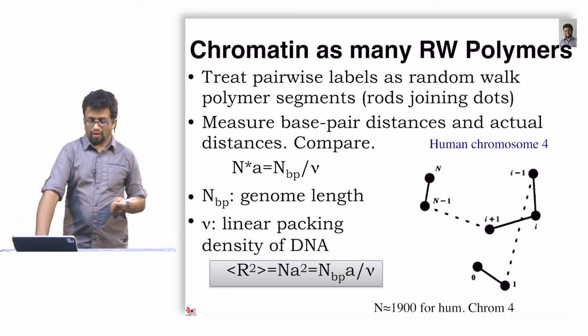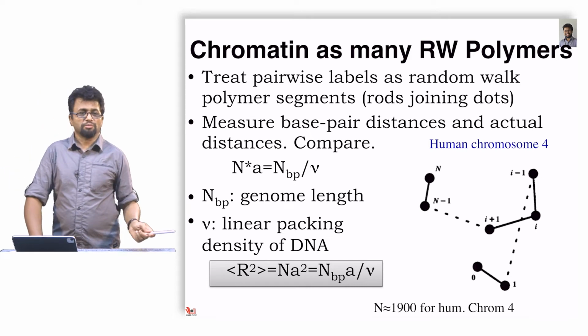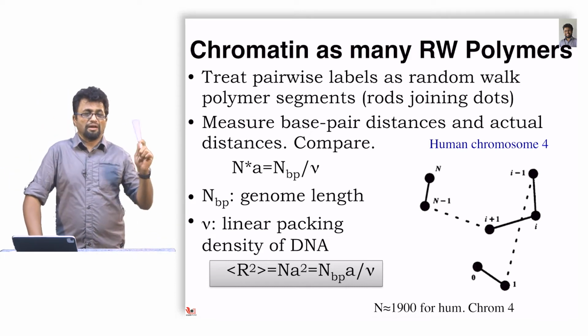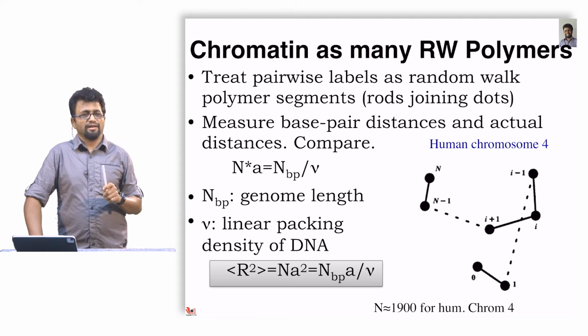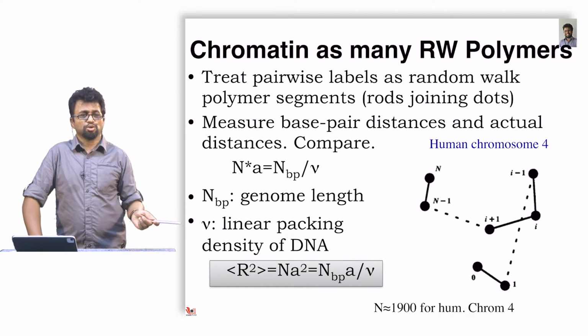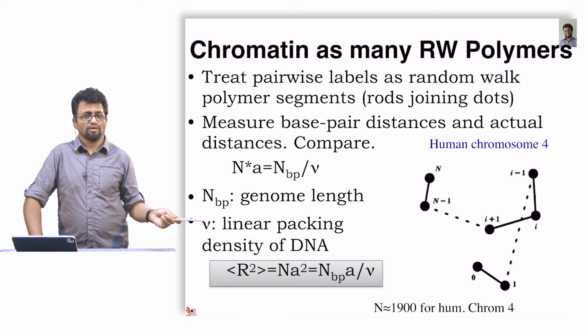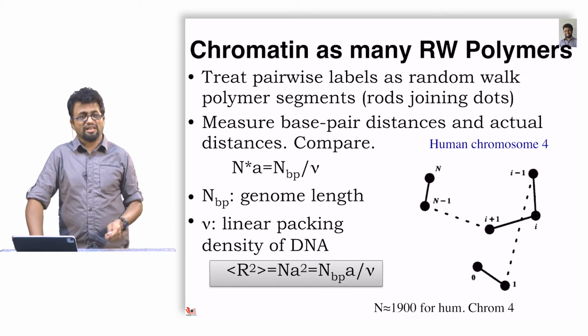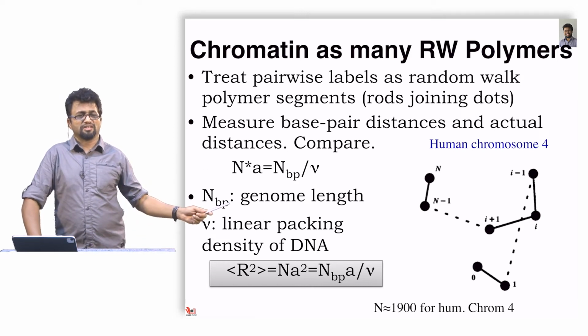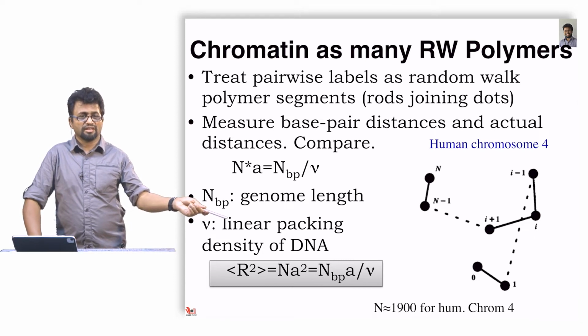According to our ideas of random walk polymers, the pairwise distance squared, or the mean square displacement, between the two points should on average be equal to the number of base pairs times the Kuhn length squared, which if we reformulate can be expressed as the number of base pairs times the Kuhn length divided by the linear packing density nu.